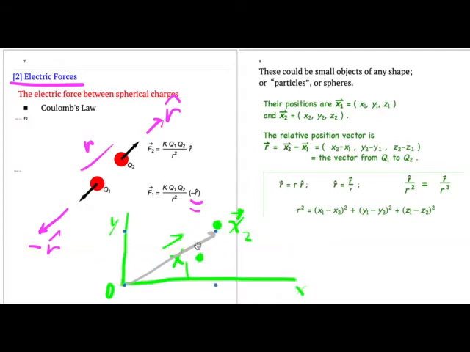Here's x1. x1 is the vector from the origin to q1. So there's x1. x2 is the vector to the second charge. So there's x2.